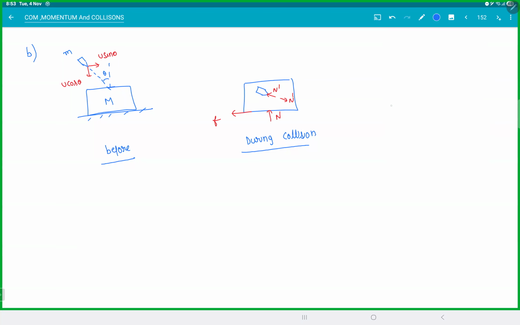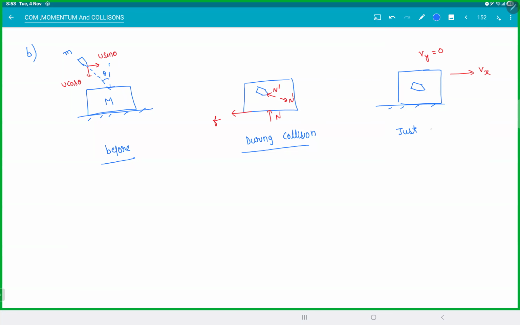And finally, after the collision gets over and the bullet gets stuck, the bullet is stuck inside. Since the block is in contact with the ground, Vy will be 0, and this will start sliding with Vx. This is just after the collision. After this, because of the friction, it will slide and slow down.